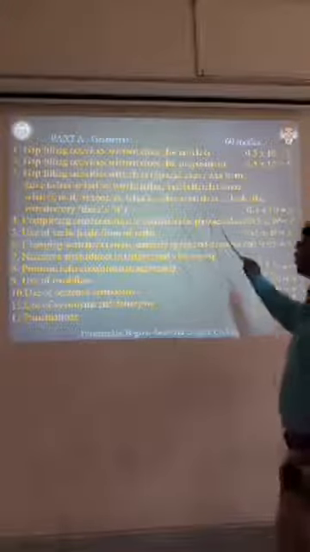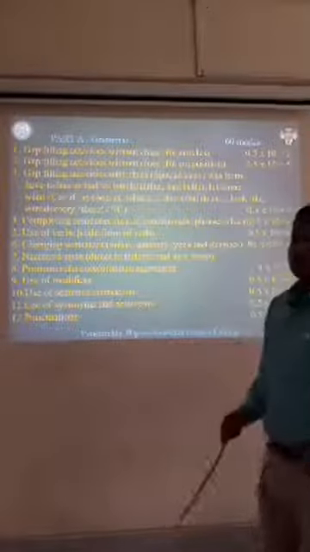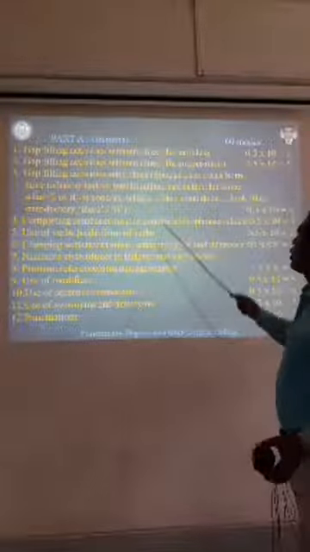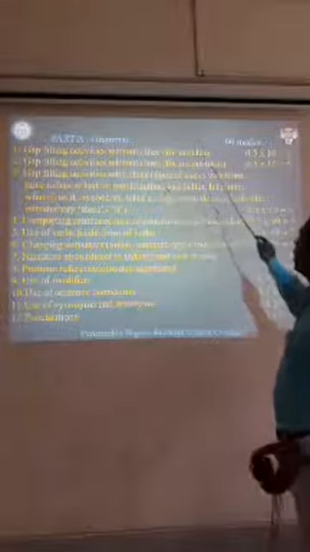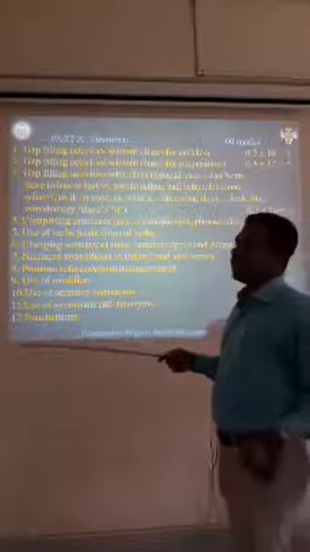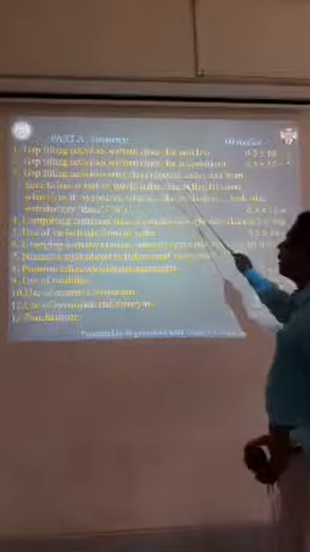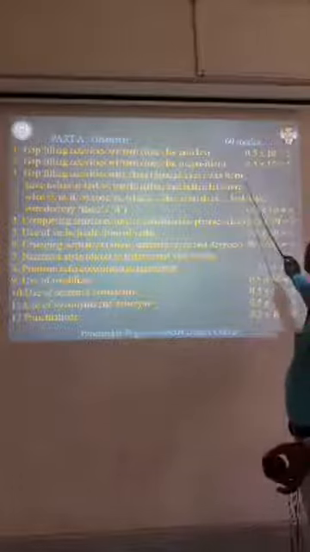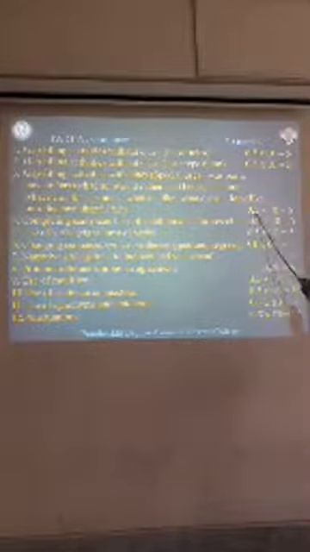You will get this topic in your question paper with clues, and you will find the correct answer from the box and fill in the gap. Every gap will be 0.5 or half a mark, 10 times 0.5 equals 5.